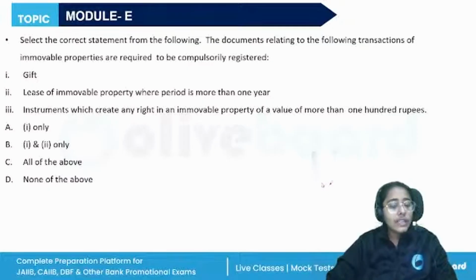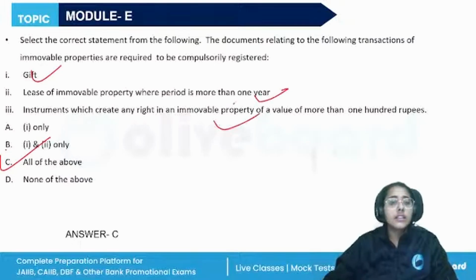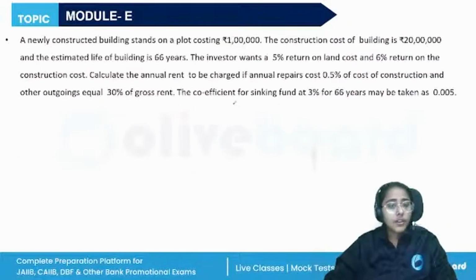So A only, A and B, all of the above or none of the above. So the correct answer will be C, all of the above. All of these require the registration, whether it is a gift or a lease of immovable property or instrument which create any right.